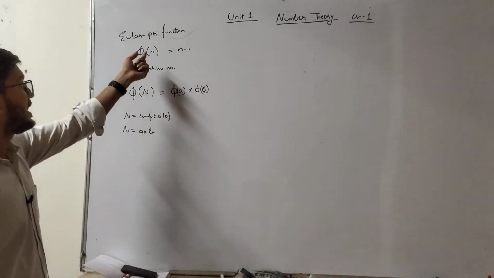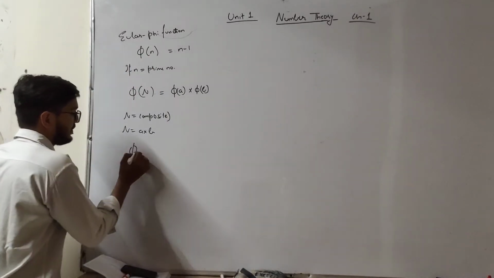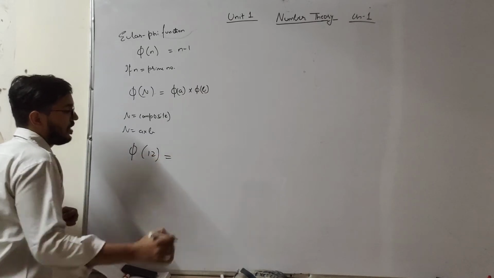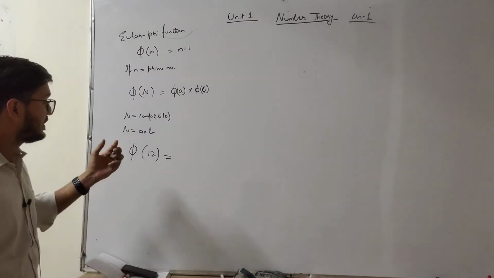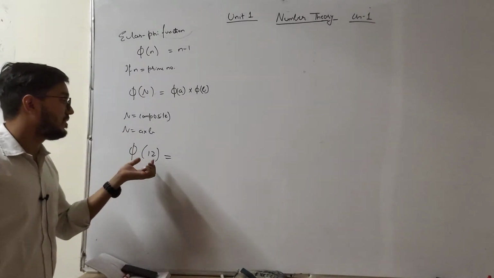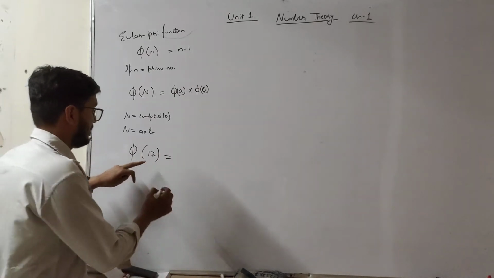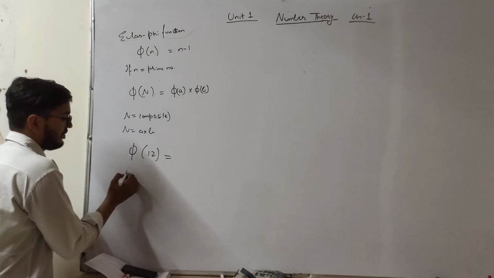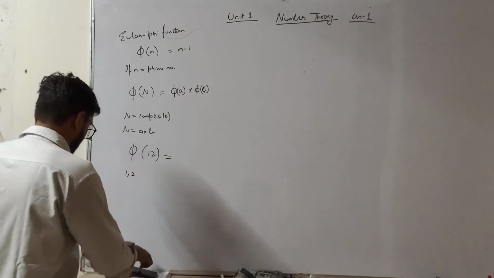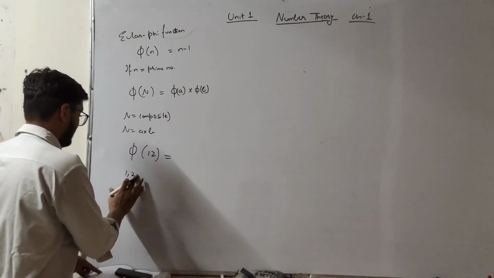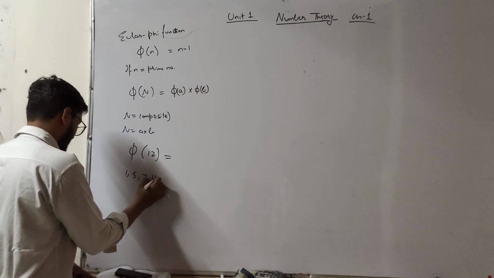Now suppose n is composite, for example n is 12, so phi 12. How many numbers are there which are co-prime to 12? They are 1, 5, 7 and 11.